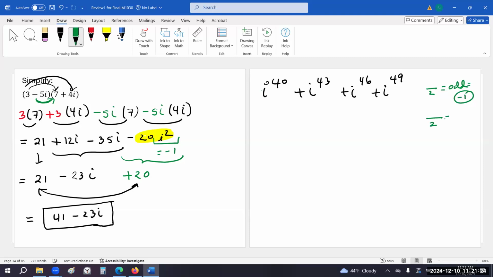If you divide by 2 and you get an even number, the answer is 1. And if you divide by 2 and you get a remainder of 1, the answer is i.